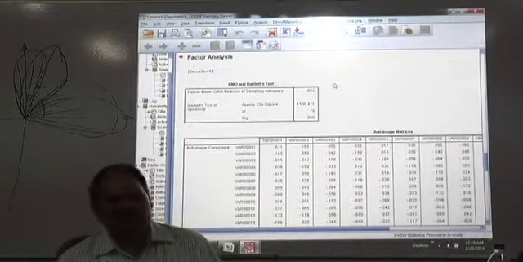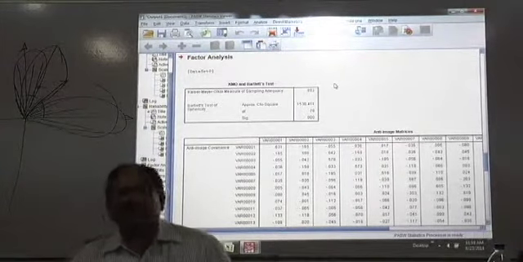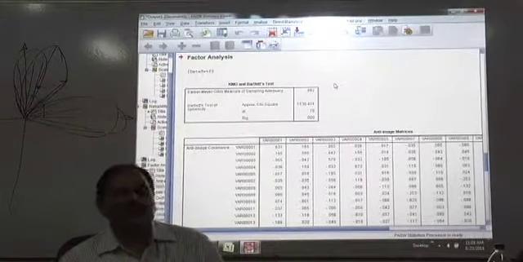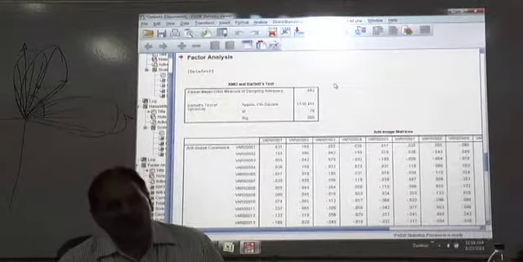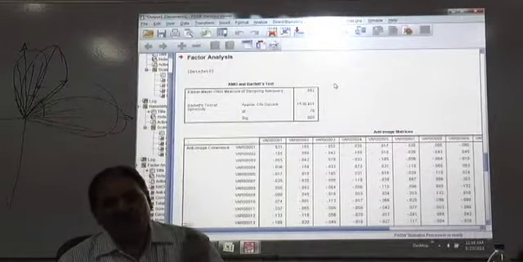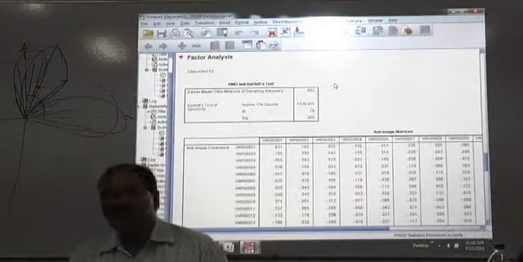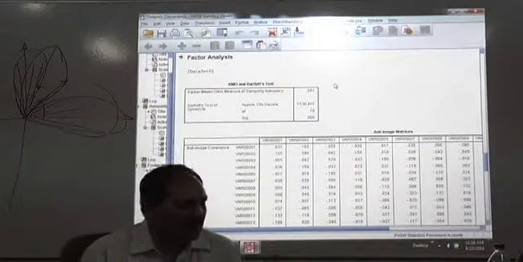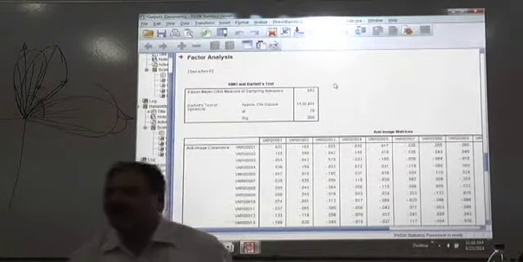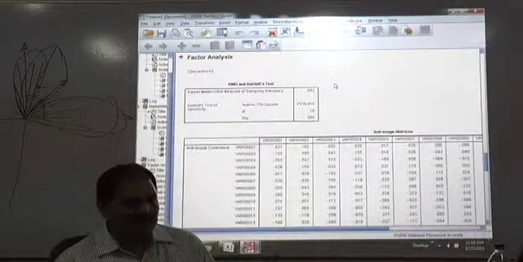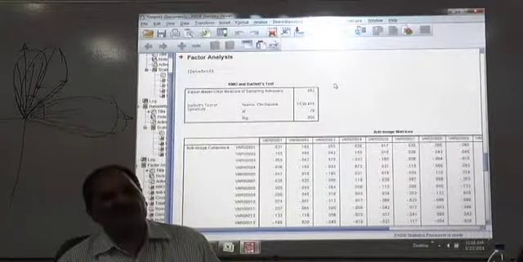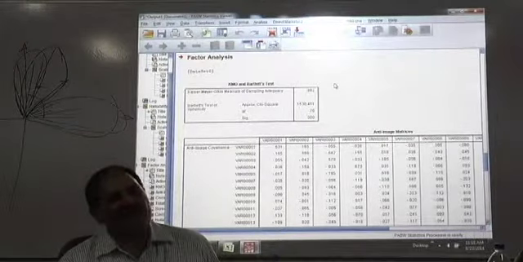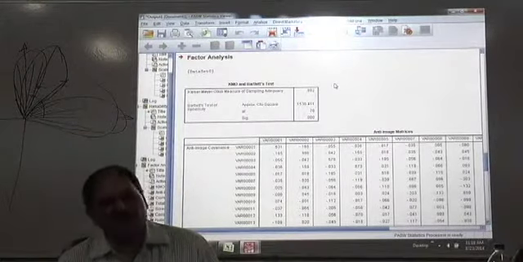Factor analysis requires that the data is normally distributed, meaning that for each of these statements the data is normally distributed. Therefore, the Kaiser-Meyer-Olkin measure value should be greater than 0.5. A KMO value greater than 0.5 indicates that the sample size is adequate enough to treat the data as normally distributed.